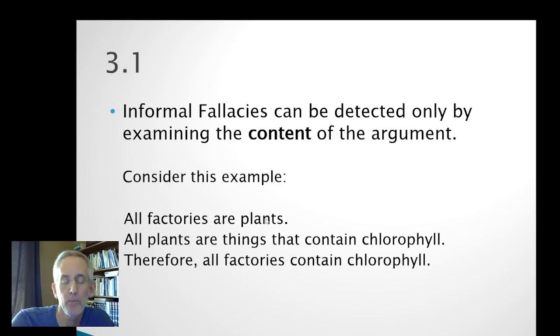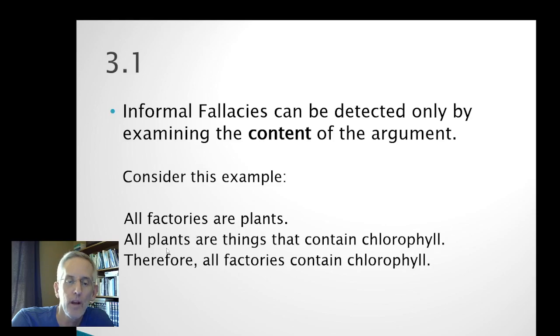In the first premise, the word plants refers to a kind of place where you would manufacture something. On the other hand, in the second premise, we're talking about these green things that use sunlight and water to produce carbohydrates. So living things in this case.